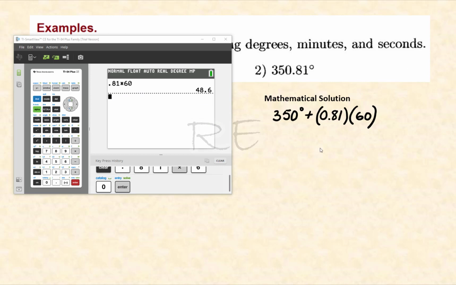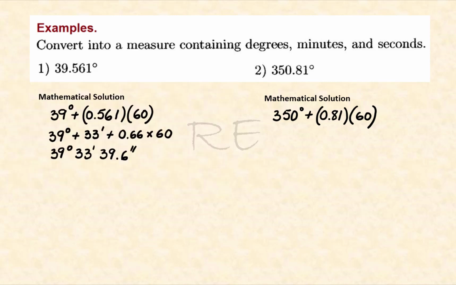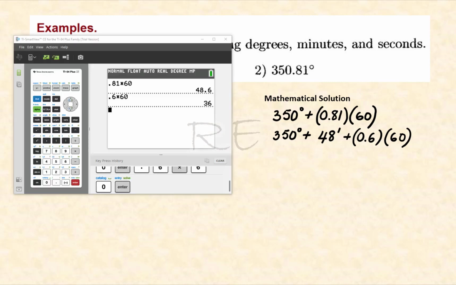.81 multiplied by 60 is 48.6. 350 degrees plus 48 minutes. Then 0.6 will be converted into seconds by multiplying it by 60. 0.6 multiplied by 60, 36.